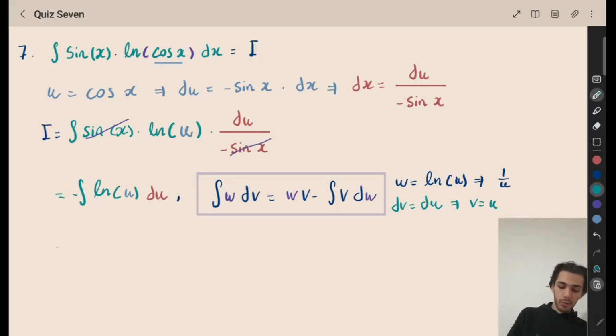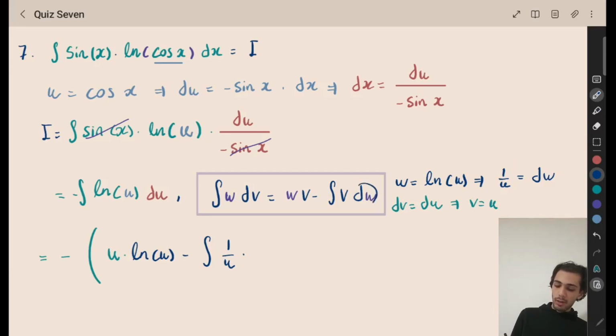Okay, and now I can substitute. Now this is a negative integral, so it's the negative of all of whatever will show up right now. We write w times v, so u times ln of u, minus the integral of 1 over u, which is dw.